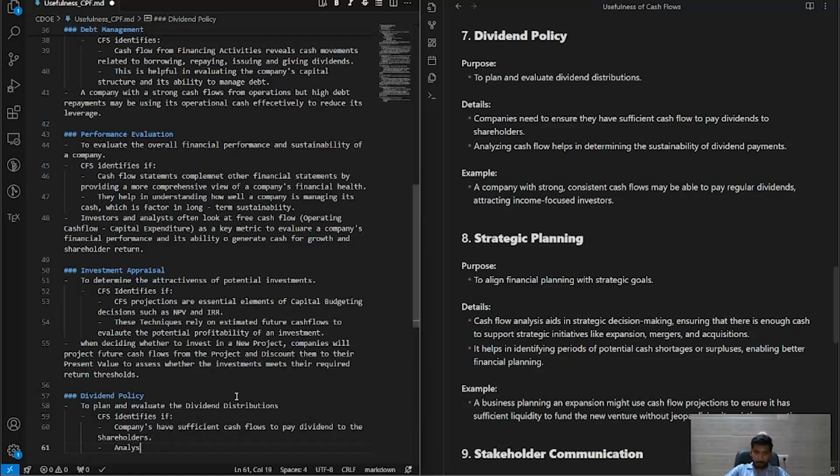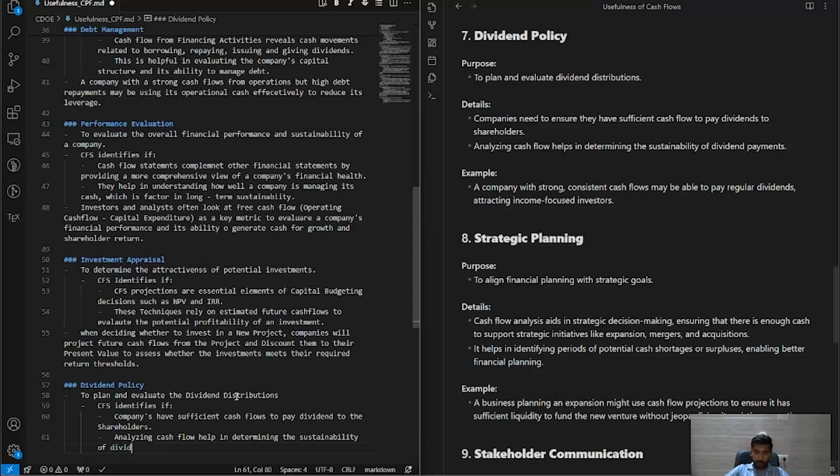And next, analyzing cash flow helps in determining the sustainability of the dividend payments.